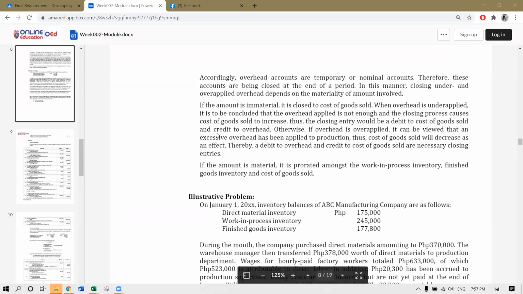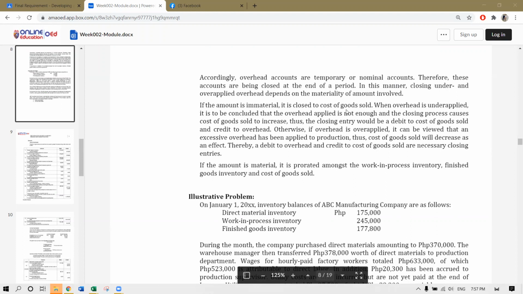Okay, so may dapay ni additional concept. Overhead accounts are temporary or nominal accounts, of course. So these are being closed. So it depends sa kung ngayon niyagin ko close. Basahon natin kung ngayon niyagin ko close. In this manner, closing under and over applied inventory depends on materiality of amount involved. It depends on the materiality.